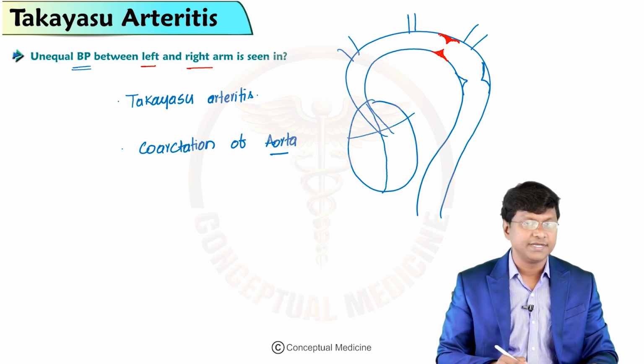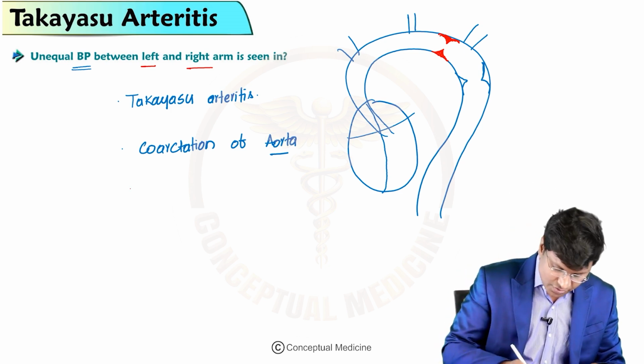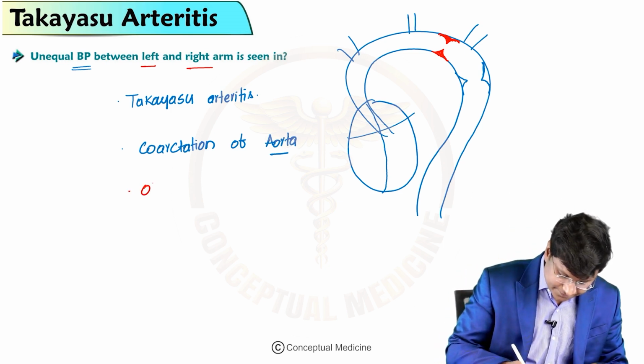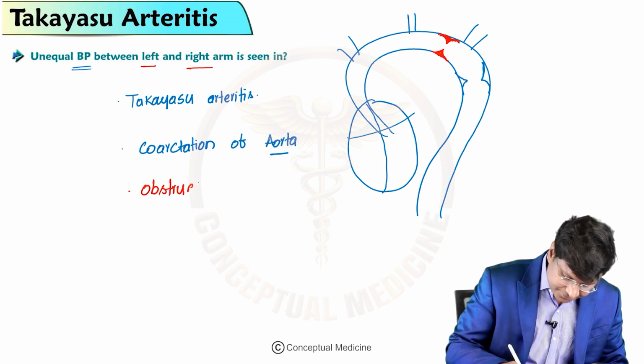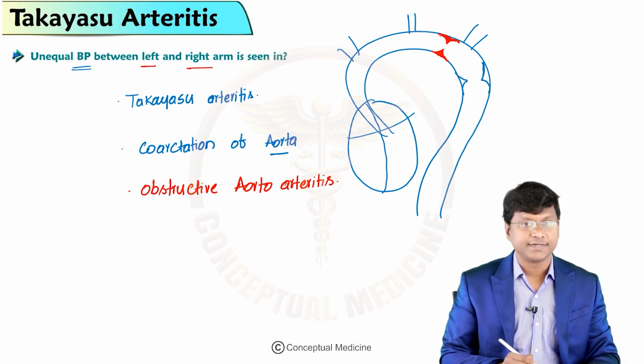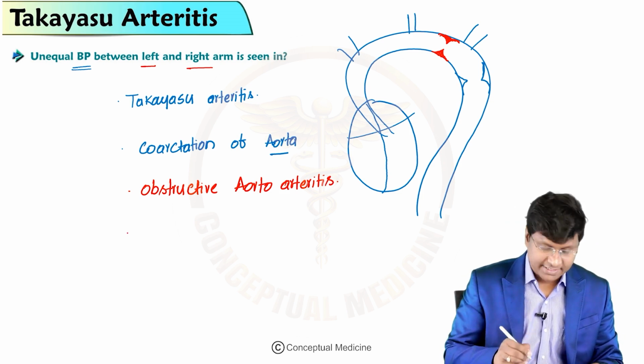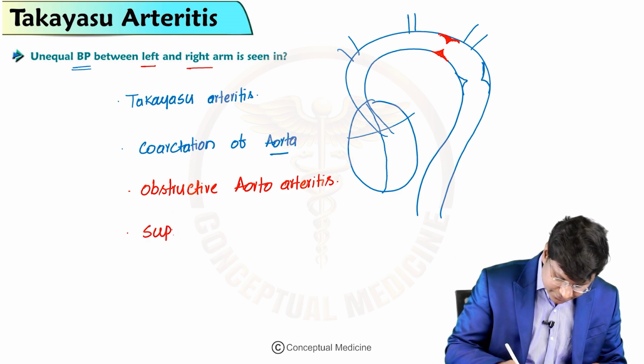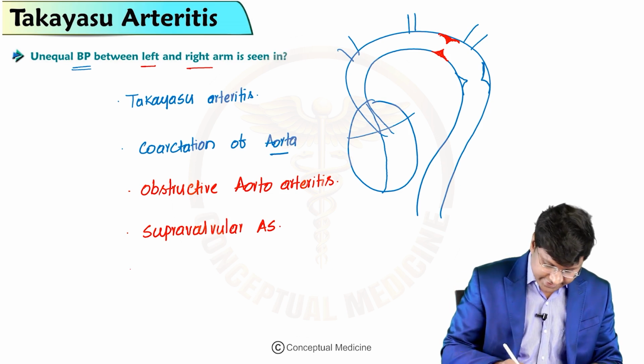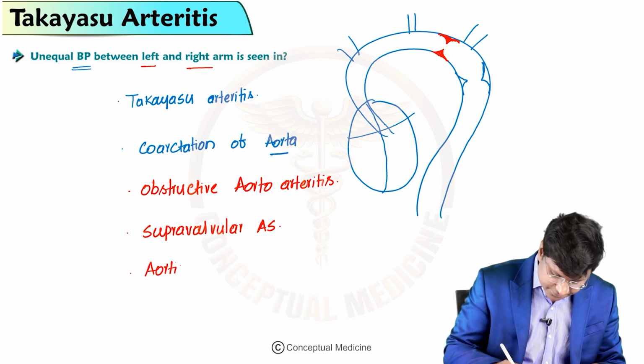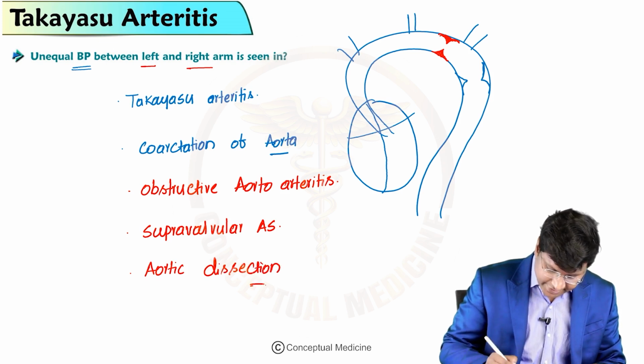And other conditions where you have unequal blood pressure between the right as well as the left arm are obstructive aortoarteritis, then supravalvular aortic stenosis, followed by aortic dissection.